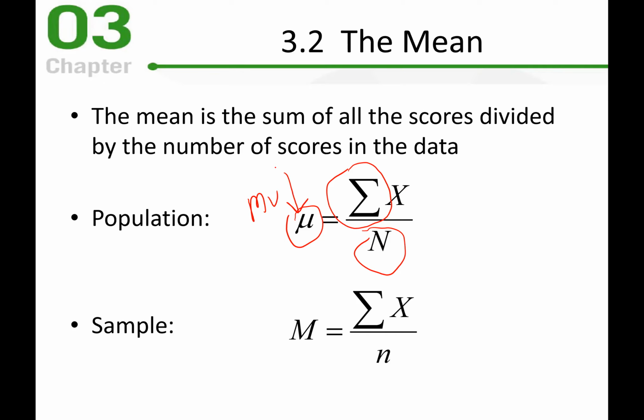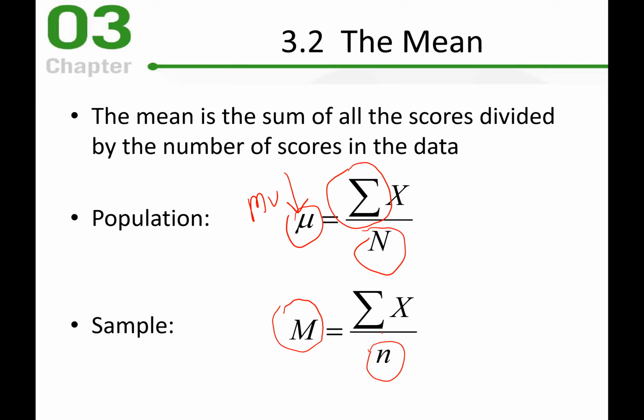The sample mean is symbolized as an italicized capital M. The only thing that changes in the formula besides the capital M is the lowercase italicized n, which means we're dealing with the sample size for our study.